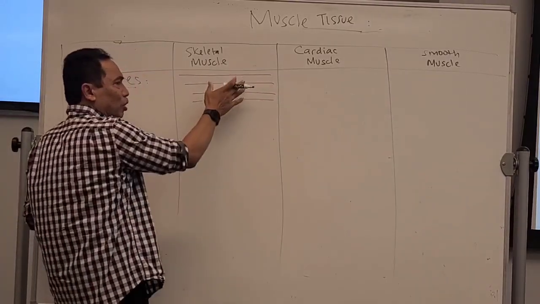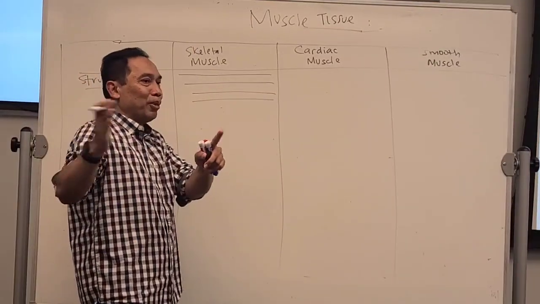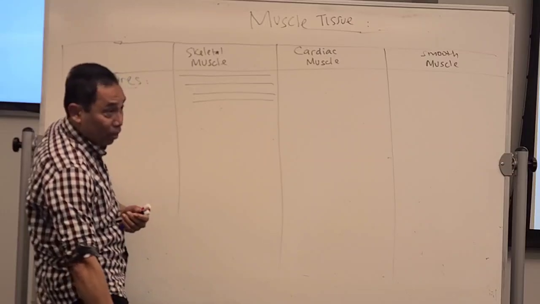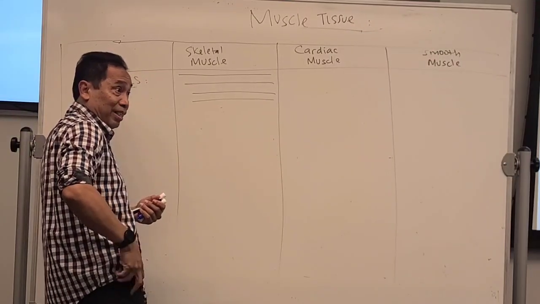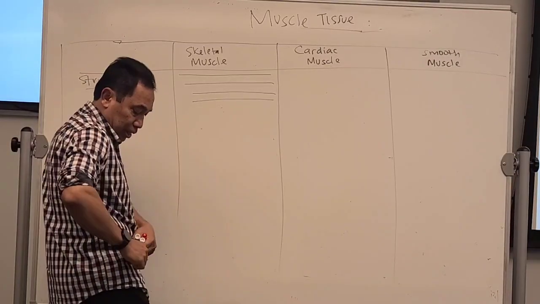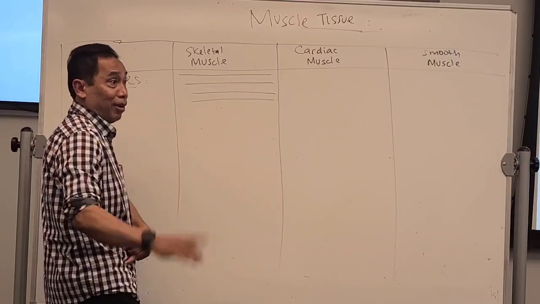Even under the microscope, mostly you don't see the border between cells because they are so long. For example, from here to here we have the femoral muscle. One cell can go from here to here, and there is another cell from here to here. They are very long.